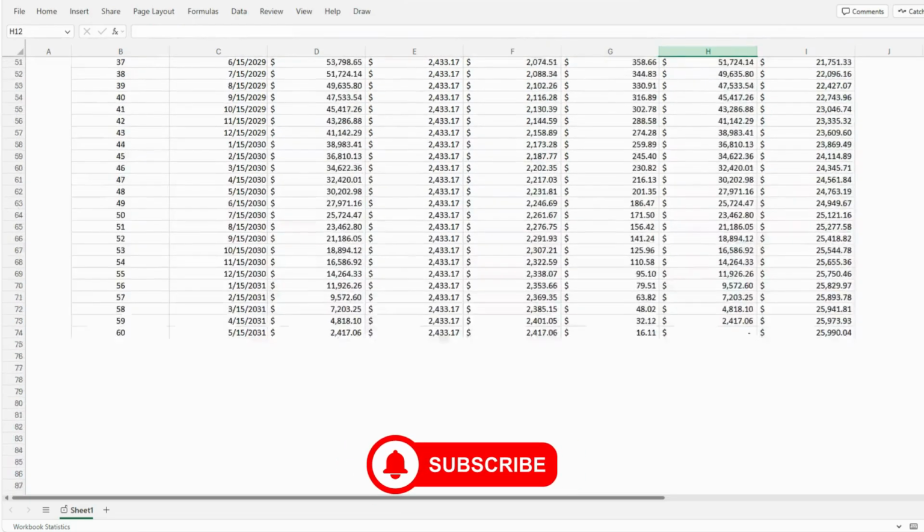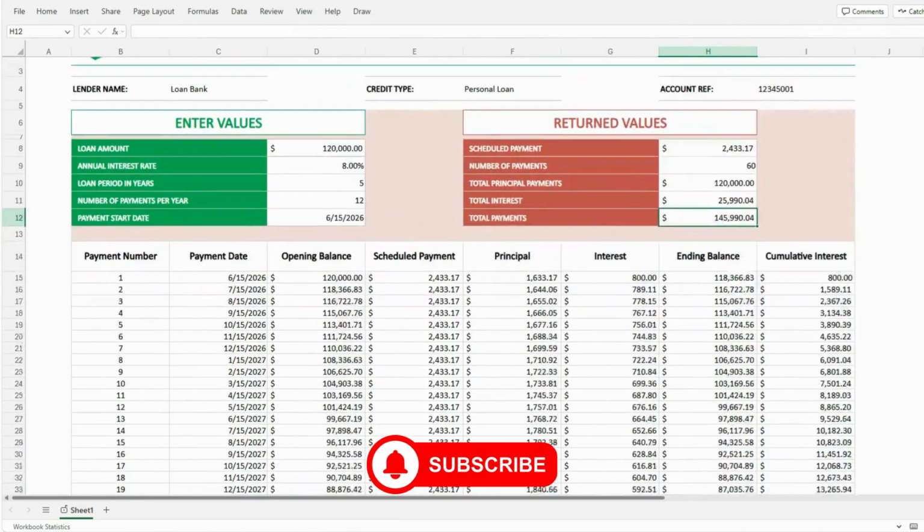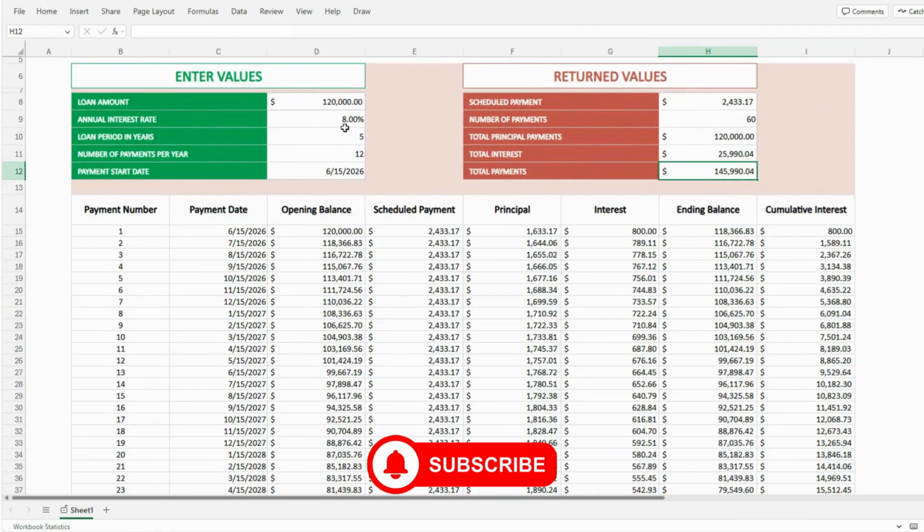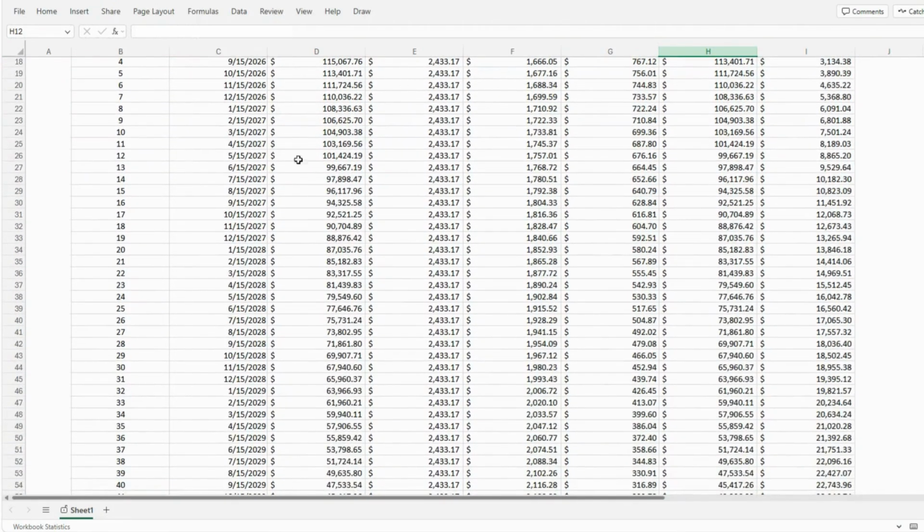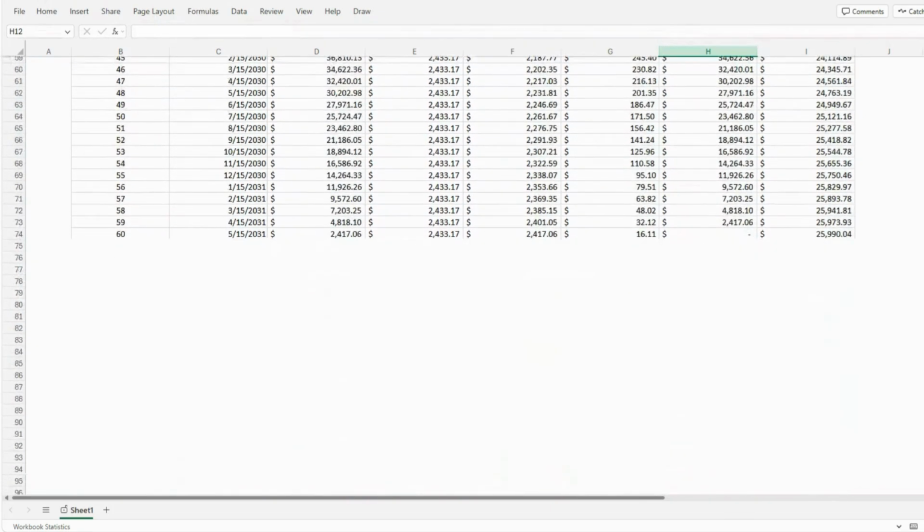Okay. And then what this calculator does also is that as long as there are figures here, based on whatever you put here, the term is going to be populated, and it's going to generate the full payment schedule down here. Okay, so it can accommodate up to 480 payments.